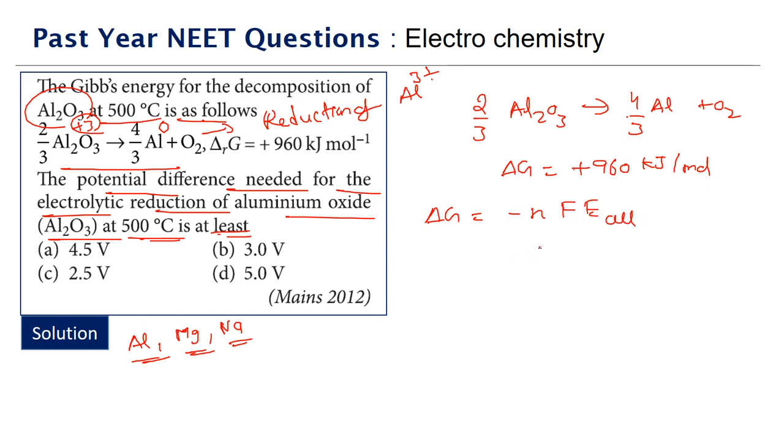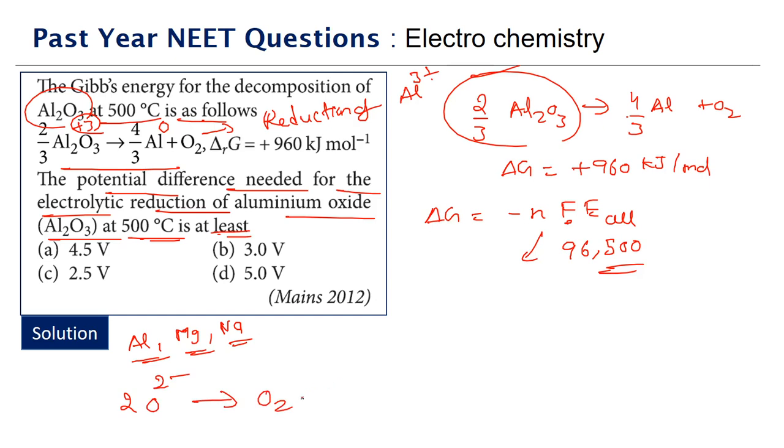Now we know F is the Faraday constant, 96,500. n is the number of electrons exchanged in the cell equation. We can get the number by looking at aluminum or by looking at oxygen. Looking at oxygen, overall in the reactant side there are 2 oxide ions, 2 O2 minus, in the factor 2/3 into 3 of Al2O3, and that gives rise to O2.